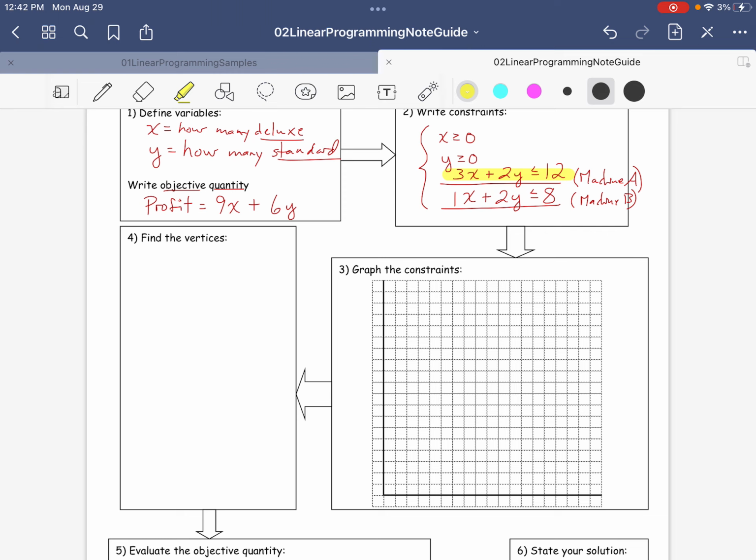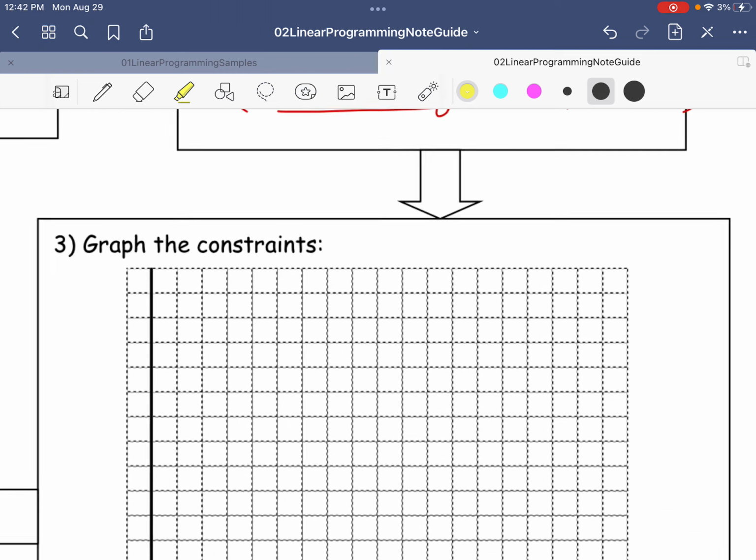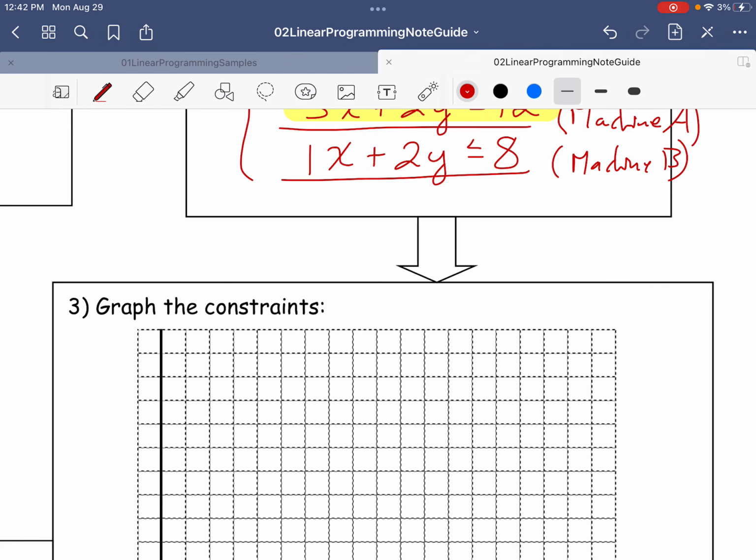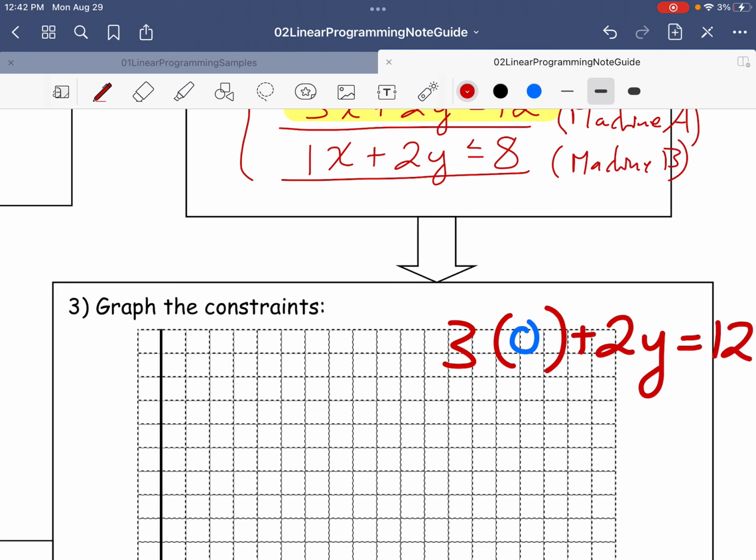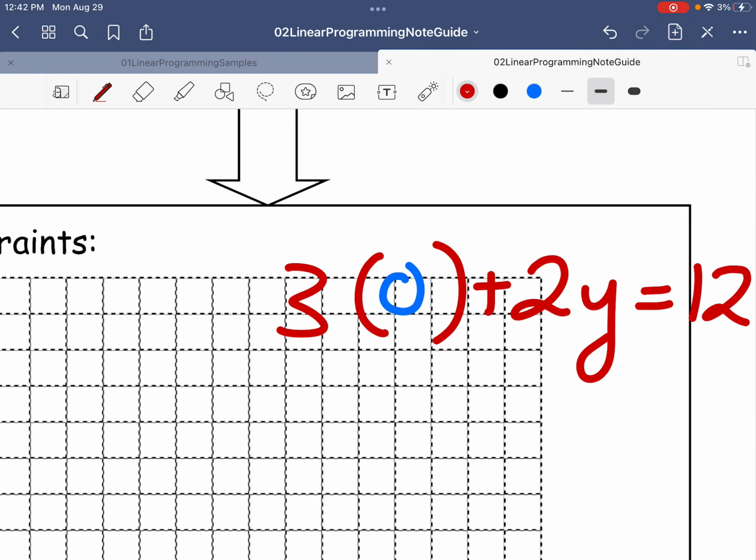And so if we're going to use x and y intercepts, we could plug in 0 into that equation. Now, when you plug in 0 for x, you get the y-intercept. Somebody says, what'd you do with the less than sign? It's just an equal sign.